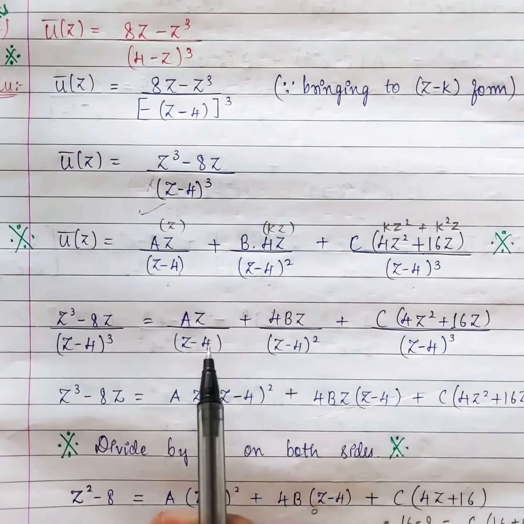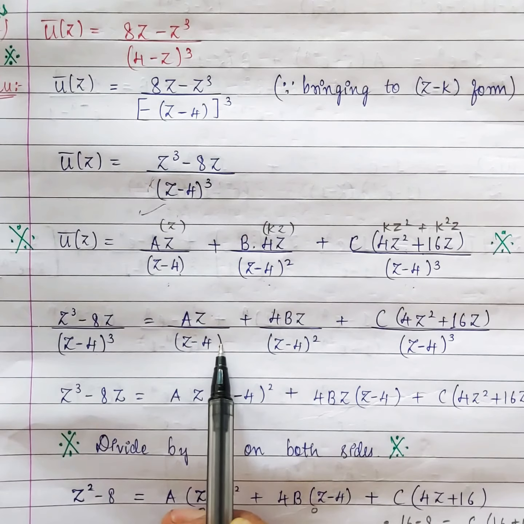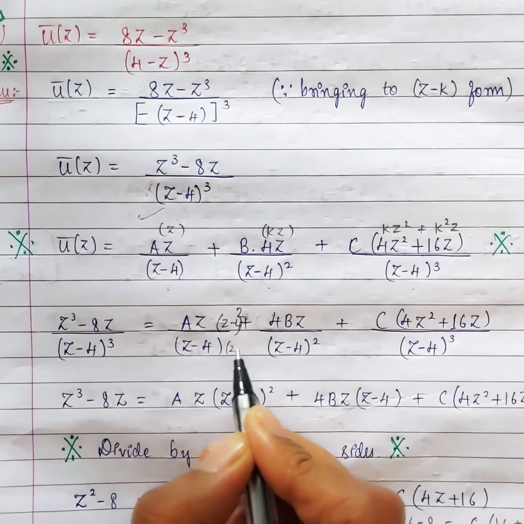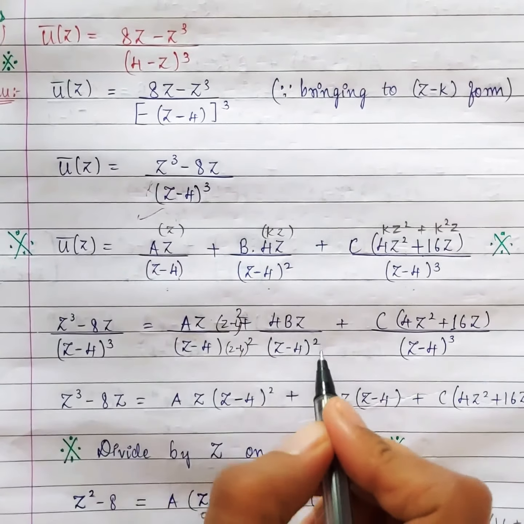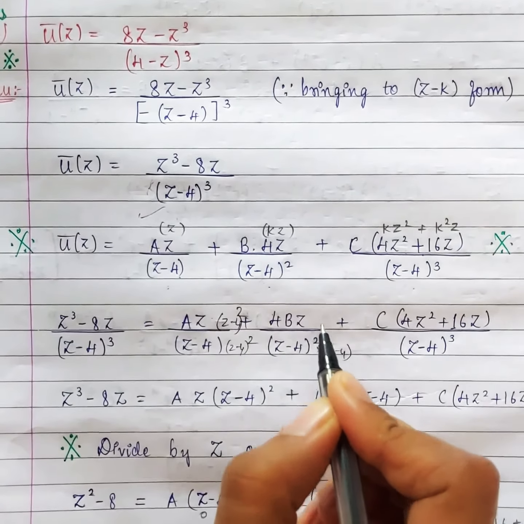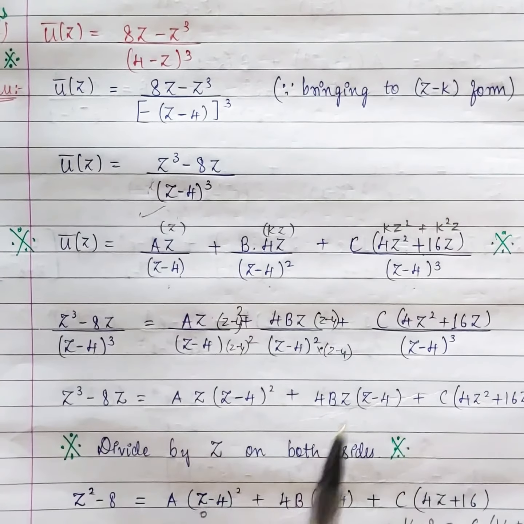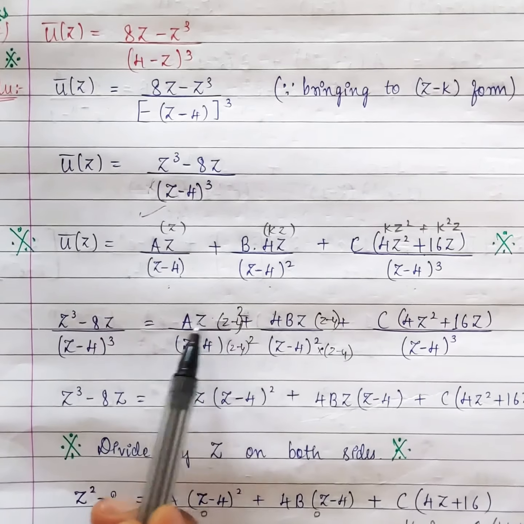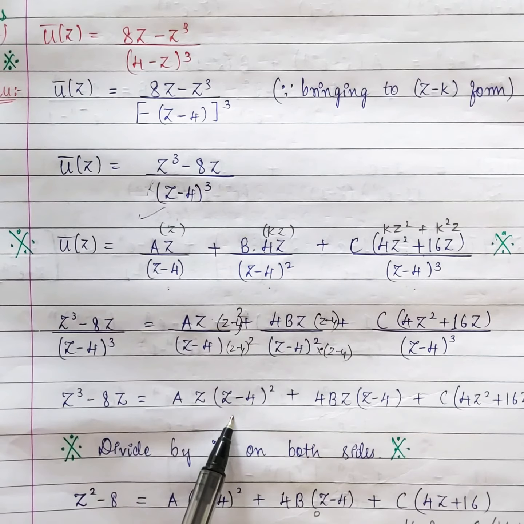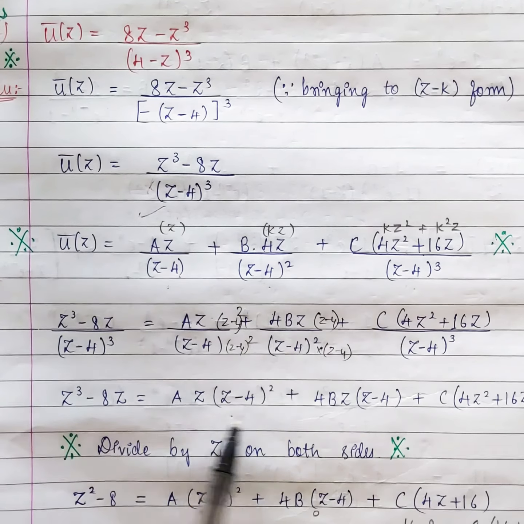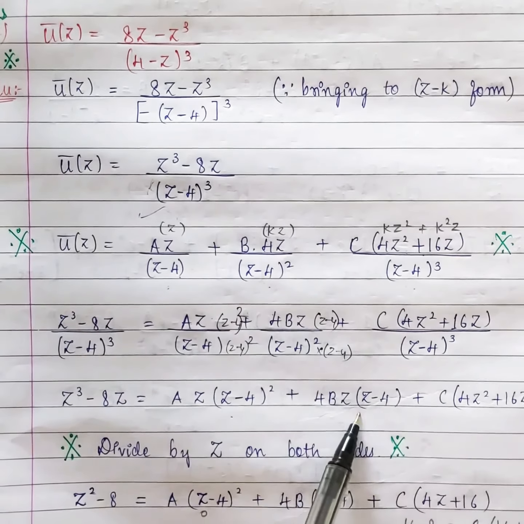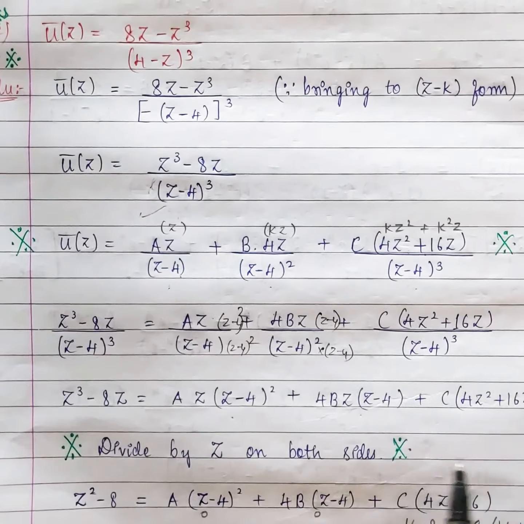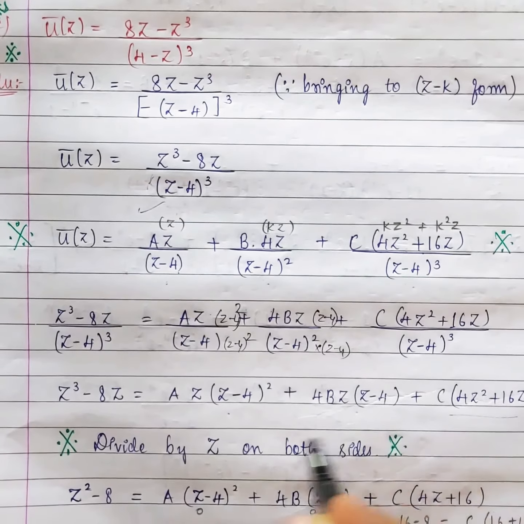If the power is 3 and one z minus 4 is already there, you multiply the numerator and denominator by (z minus 4) the whole square for the first term, and by z minus 4 for the second term. So the denominator everywhere is (z minus 4) the whole cube. That is why it is az into (z minus 4) the whole square for the first term, plus 4bz into (z minus 4) for the second term, plus the third term.